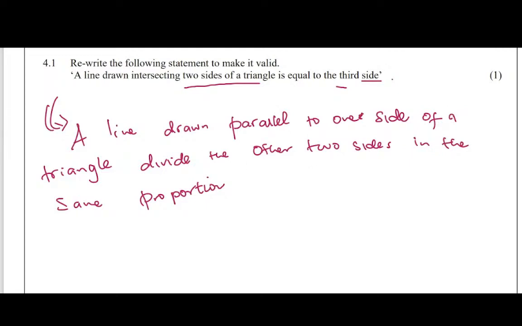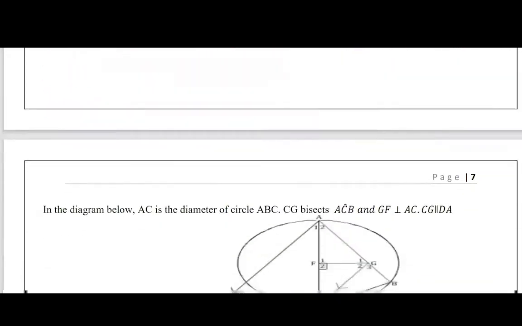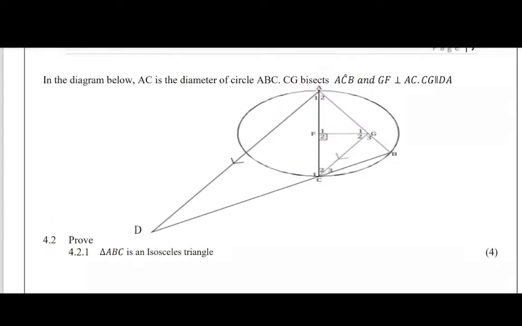Okay, and then the next question, 4.2, telling us that in the diagram, AC is a diameter of the circle ABC, and then CG bisects the angle, which means this angle is the same as that angle, and GF is perpendicular to AC, which means it makes a 90.